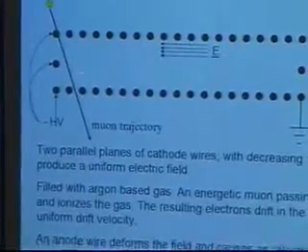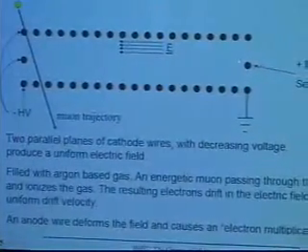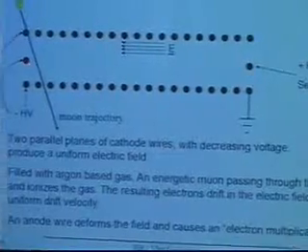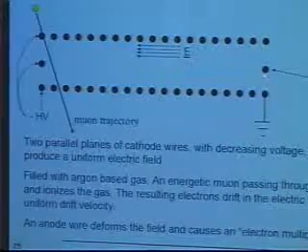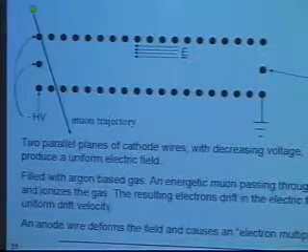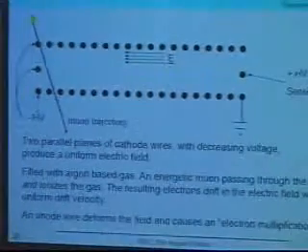And the electric field is such that we have a positive electrode here, and a negative electrode there. Voltages are relatively high. This could be at about 2,000 volts. The whole thing is filled by a gas. In our case, it's an argon-based gas.